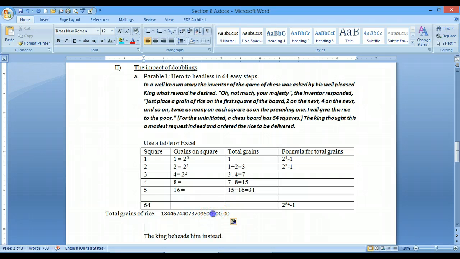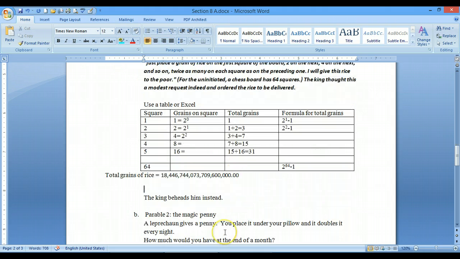I have a lot. I'm going to put in my commas so that we can find where we are. All right. I believe this is considered 18 billion. Yes, a large amount. And therefore, the king in the parable beheads the inventor of the game of chess instead.